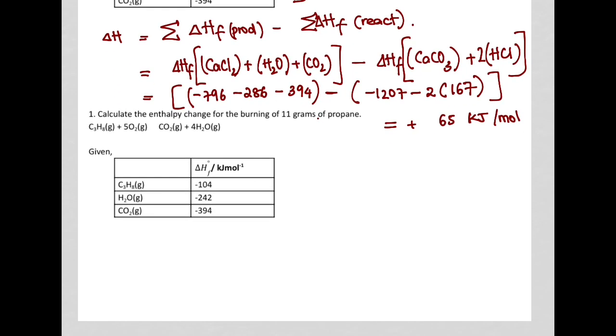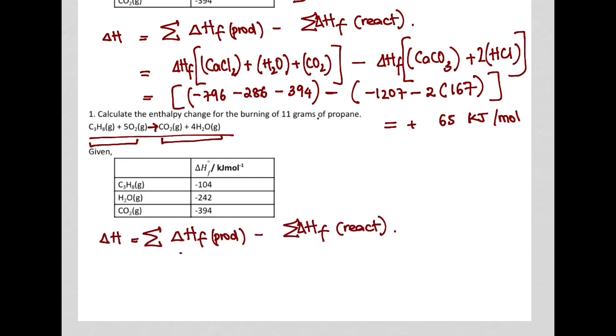Let's try one more. So you have this reaction. So these are the reactants and these are the products. So similarly, delta H of the reaction will be enthalpy of formation of products minus enthalpy of formation of reactants.